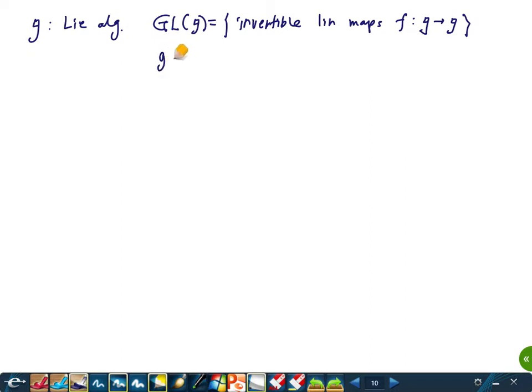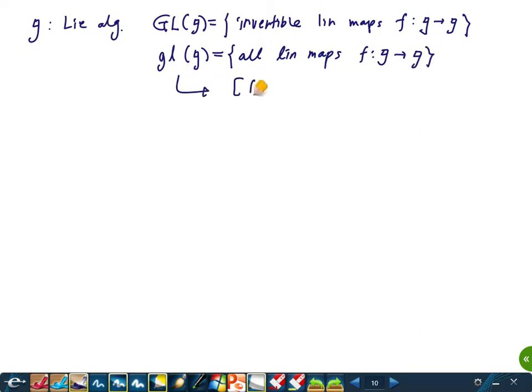And small gl(𝔤) is by definition all linear maps, not necessarily invertible. But now we're going to give a Lie bracket structure as usual. This is composition of maps. Okay. Then this is a Lie algebra.